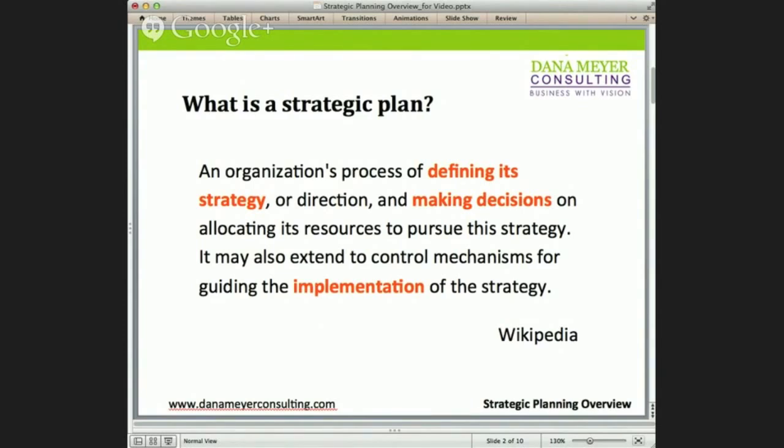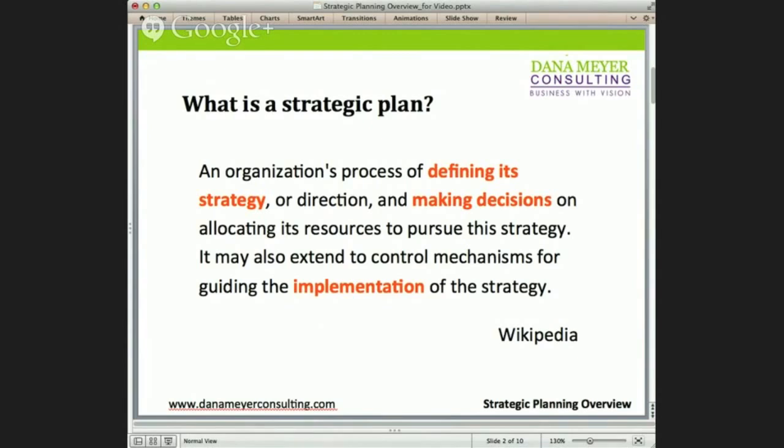It's also an organized way of making decisions about allocating resources to pursue the strategy. And that also means making decisions about what you are not going to do and what you are not going to resource in order to achieve what you do need to do. And that's a very important piece of the process.